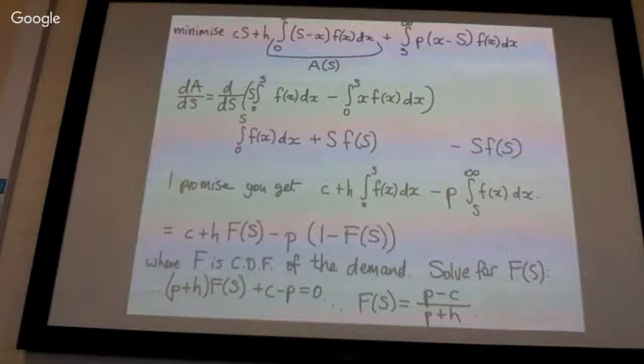But I won't do it. But you have a graph on page 880, which shows how the cost really depends on s, which you should be able to check if you wanted to.